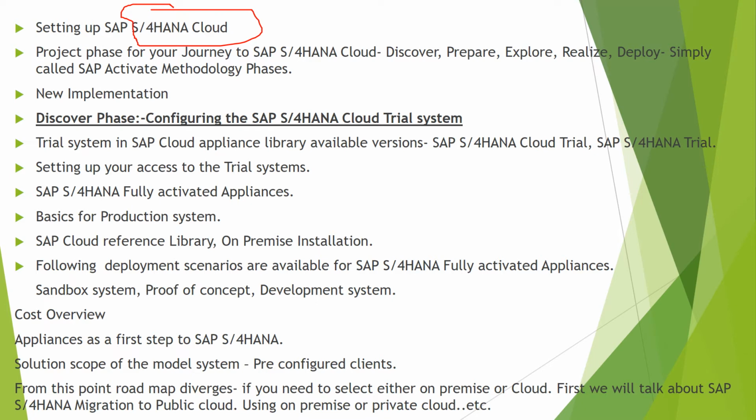A separate instance is required for your own SAP S/4HANA Cloud system. The trial system is an optional offer from SAP, and you won't have to purchase or use SAP S/4HANA Cloud when using the trial system. This is very important to take note of. Then we are migrating to the explore phase.